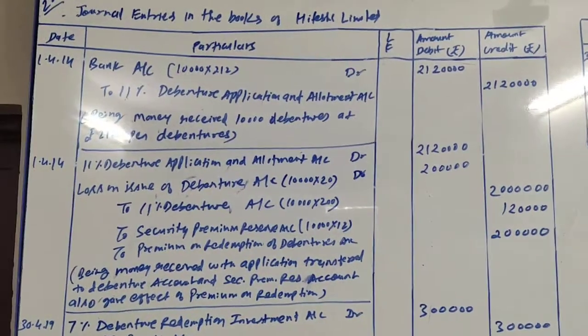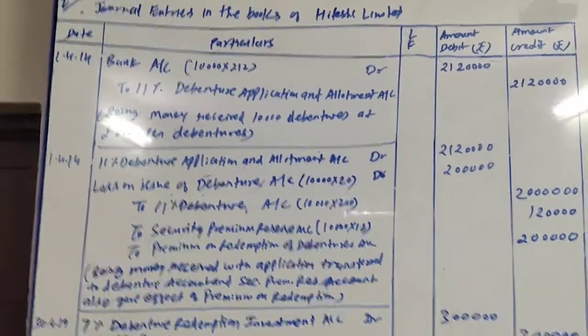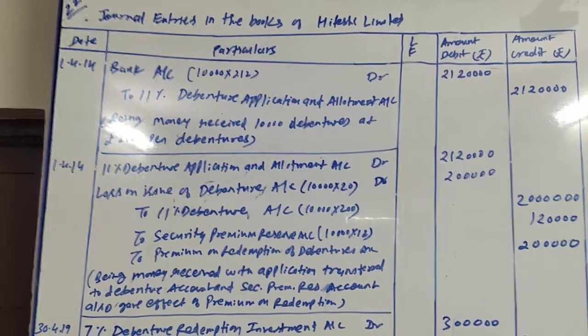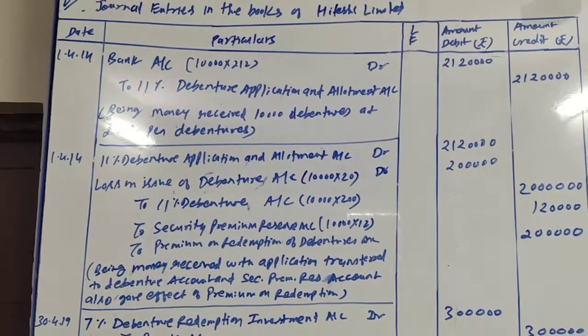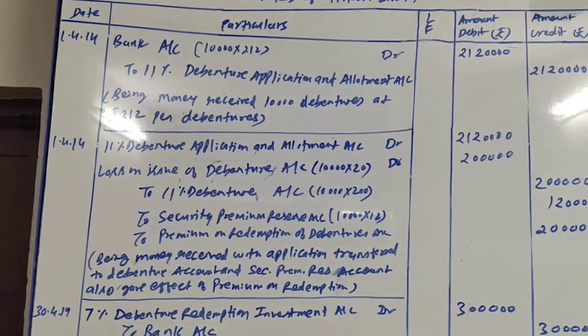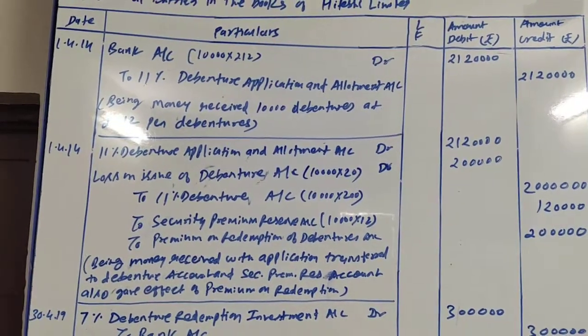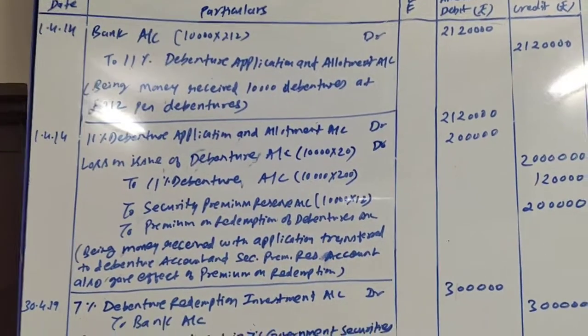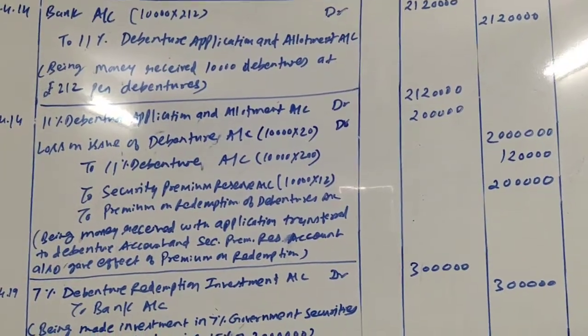Now what we will do, we have to redeem debentures on 31st March 2020, but before redeeming that, on the date 30th April 2019, we will have to make 15% investment in 7% government security, 15% of nominal value. Friends, here the nominal value of debentures is 20 lakh, 10,000 into 200.